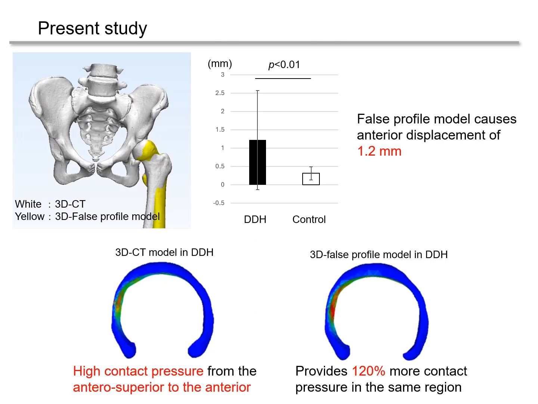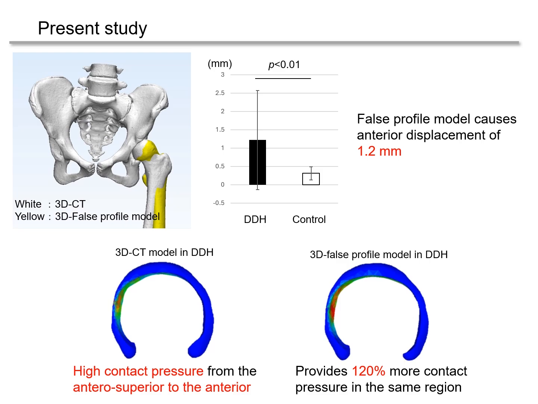This study evaluated the maximum contact pressure of the labrum in DDH patients who had an average anterior displacement of 1.2 mm in the false profile view. The 3D CT model showed that the control group had almost no contact pressure, but the DDH group had higher contact pressure than the control group.